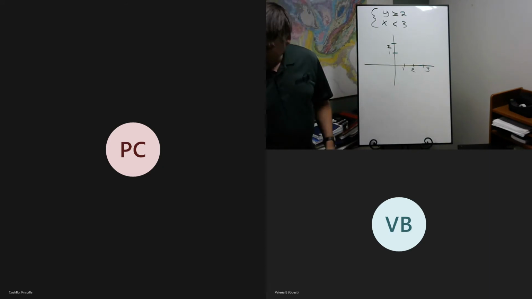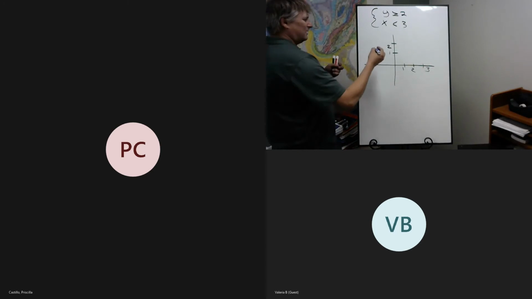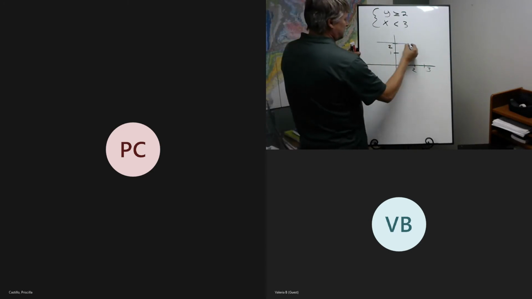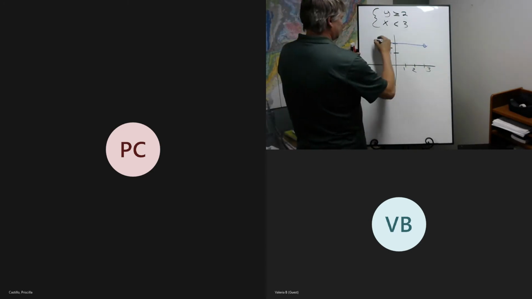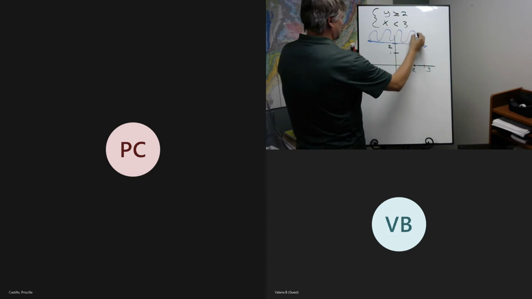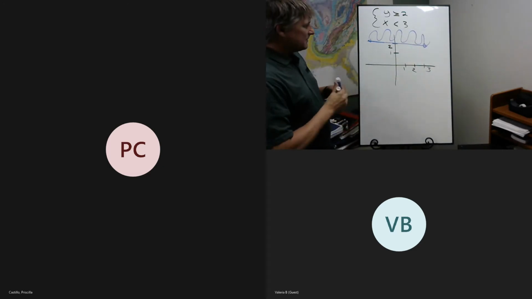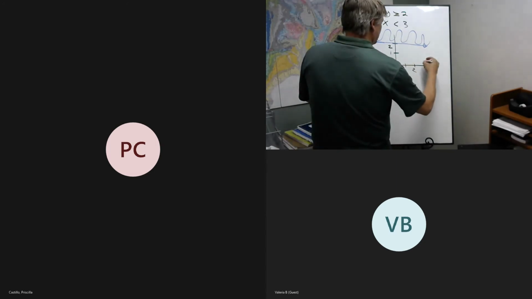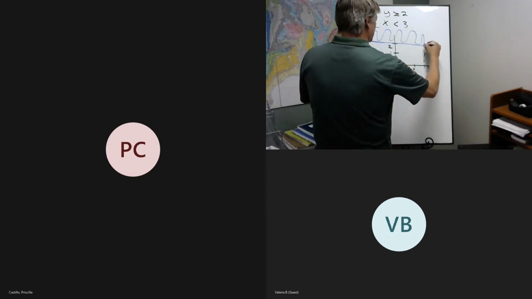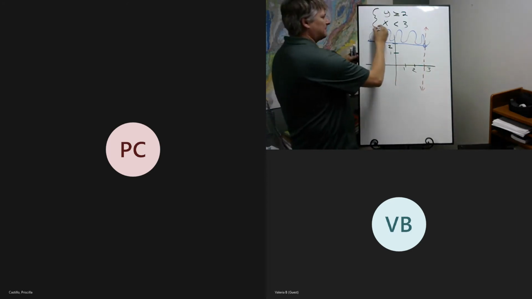So we had something like this. Grab a pen. So for y greater than or equal to 2, we have something like this. And then for x less than 3, we have something like this.